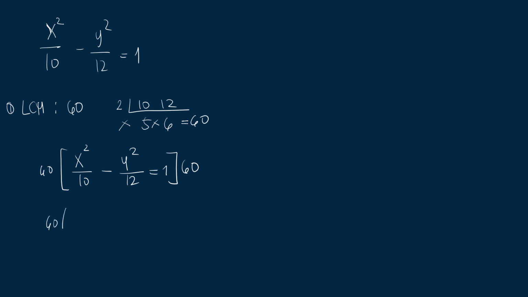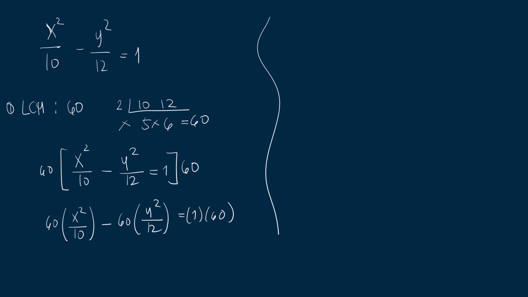We have 60 times x squared over 10 minus 60 times y squared over 12 is equal to 1 times 60. And we can also have 60 divided by 10, or you can do this as quickly as possible on the first part. So I just showed you that you need to multiply each term by the LCM. So 60 divided by 10, the answer would be 6.